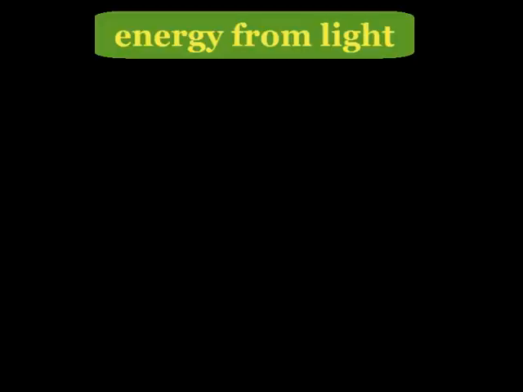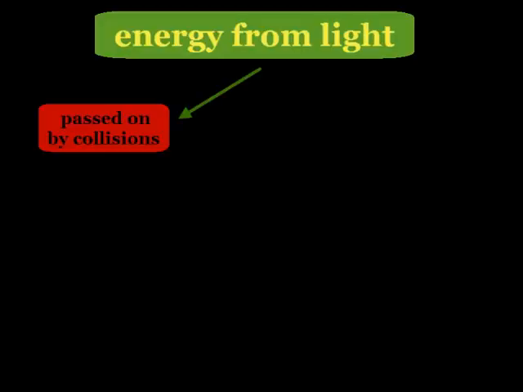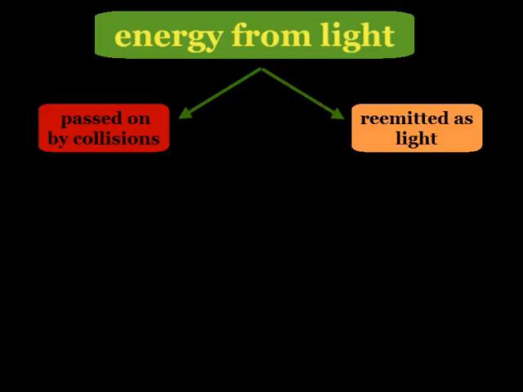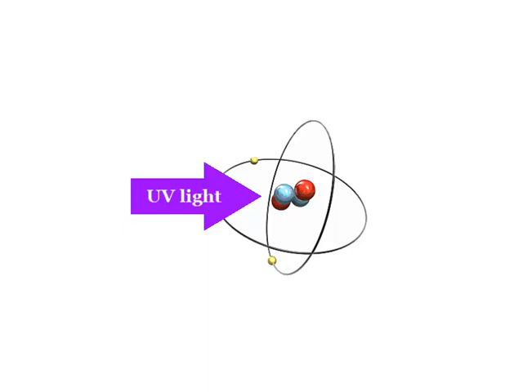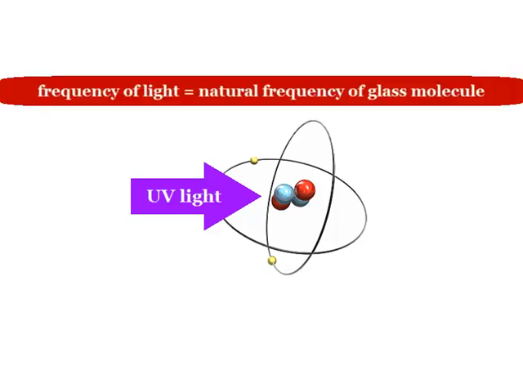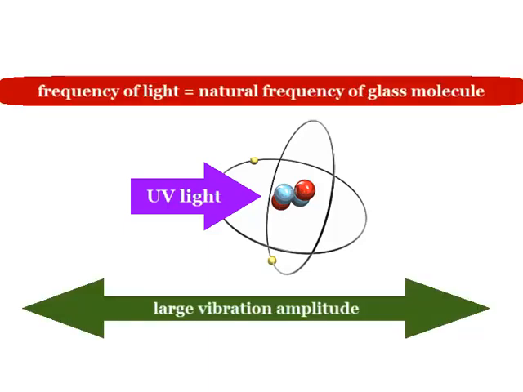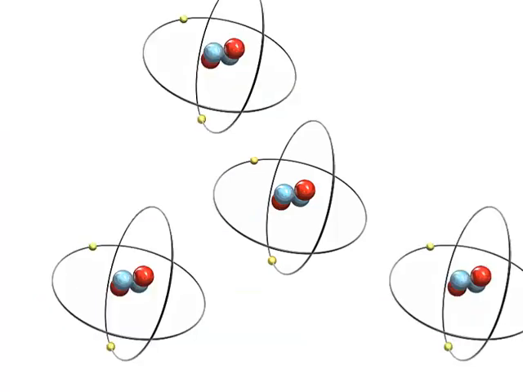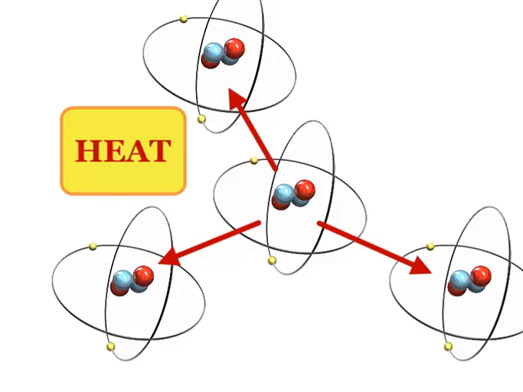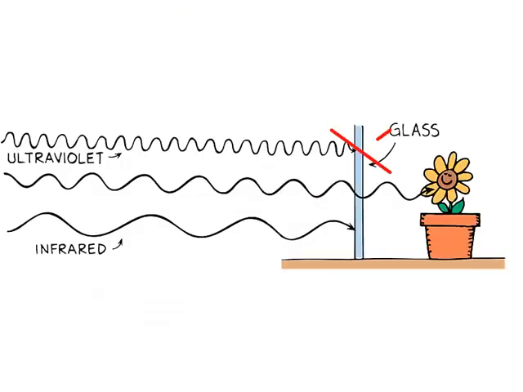The energy received by the atom can either be passed on to neighboring atoms by collisions or re-emitted as light. If ultraviolet light interacts with an atom that has the same natural frequency, the vibration amplitude is unusually large. During this time, the atom makes many collisions with other atoms and gives up its energy in the form of heat. That's why glass is not transparent to ultraviolet.